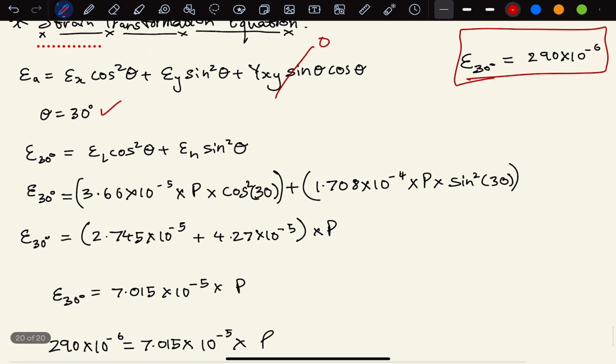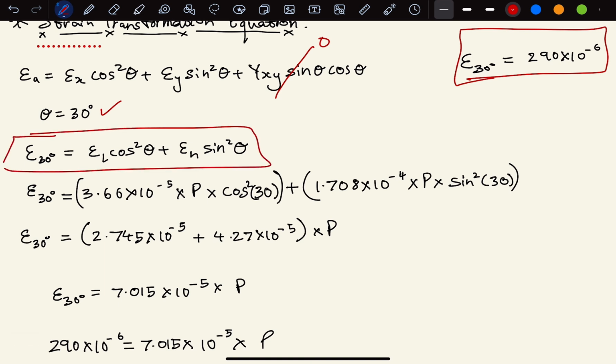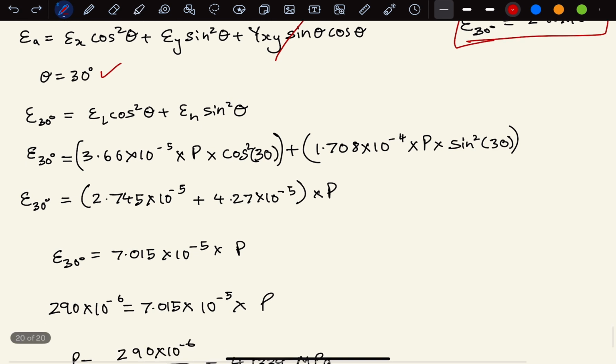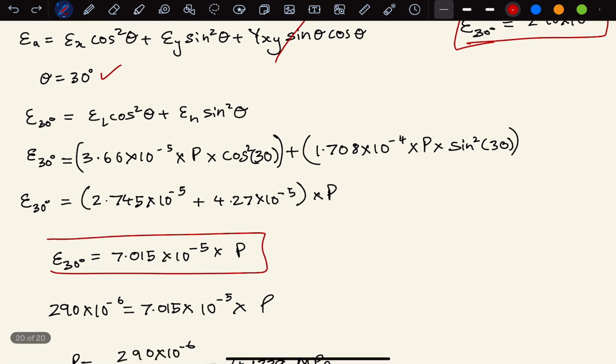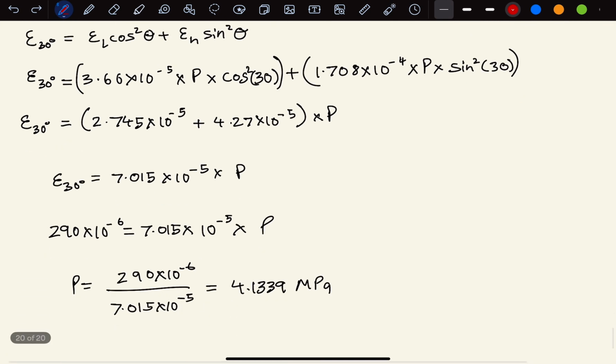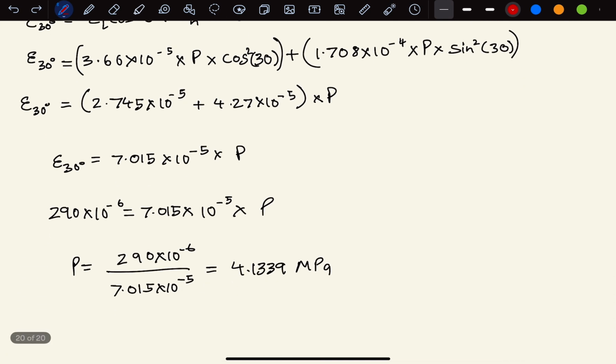And now when we substitute all of these values into this equation, we will be getting the final equation. The strain is equal to 7.015 times 10 raised to minus 5 times the pressure that we have to determine.